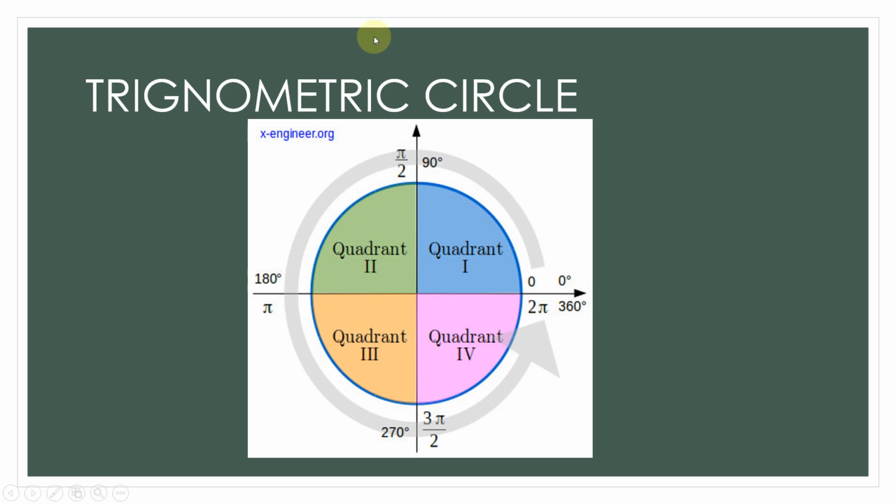We all know that in a unit circle, if the circle is divided into four parts, the starting angle is 0, then after reaching 90 degrees we are at the pi by 2 point, then at 180 degrees, the pi point, then at 270 degrees, the 3 pi by 2 point, and one full circle is 2 pi radians or 360 degrees.